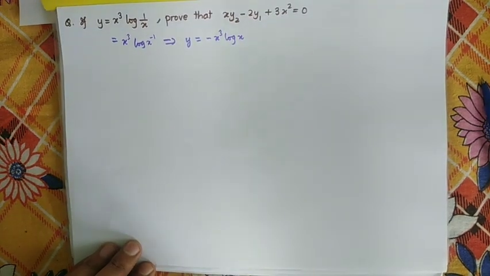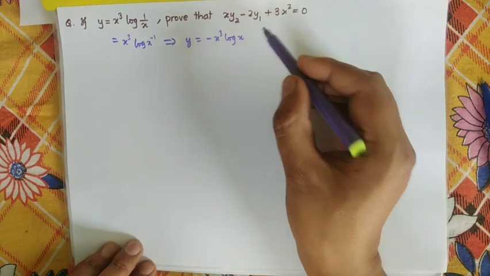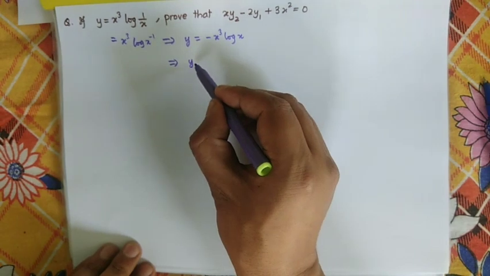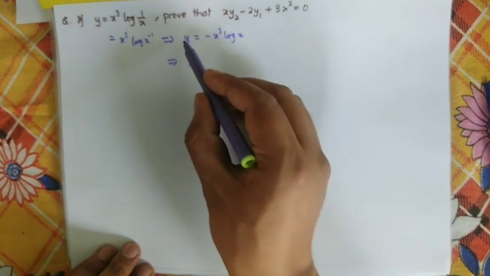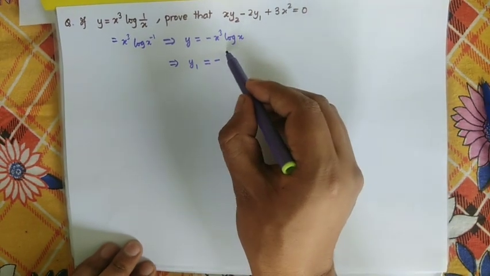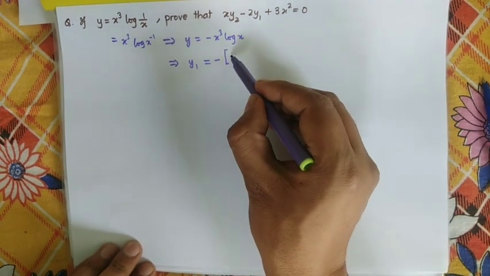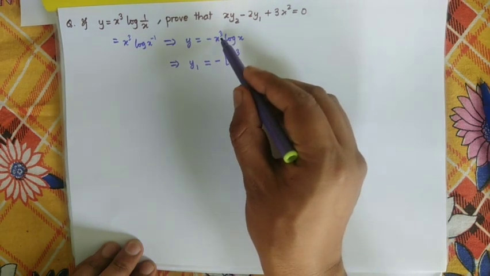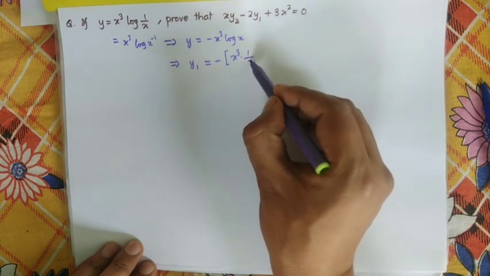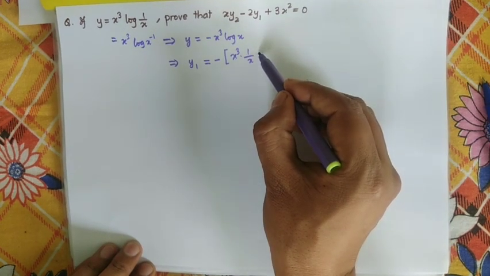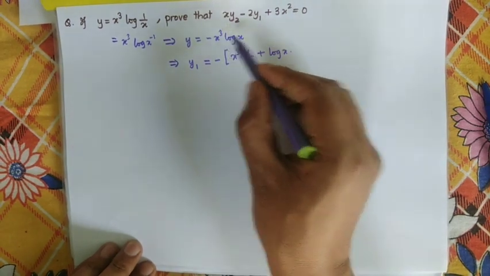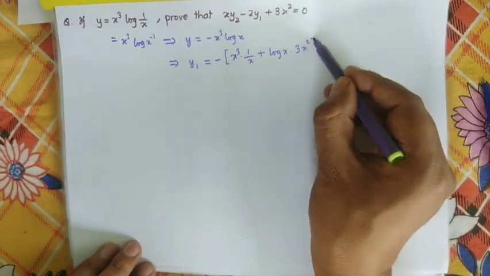Now let's find y1, the first order derivative. If I differentiate both sides with respect to x, I get y1, the first order derivative, on the left hand side. On the right hand side I've got f into g format. So I'll keep one as it is and differentiate the other one, that is, the differentiation of log x, 1 by x, plus now log x will be kept as it is, and the differentiation of x cube will be 3x squared.